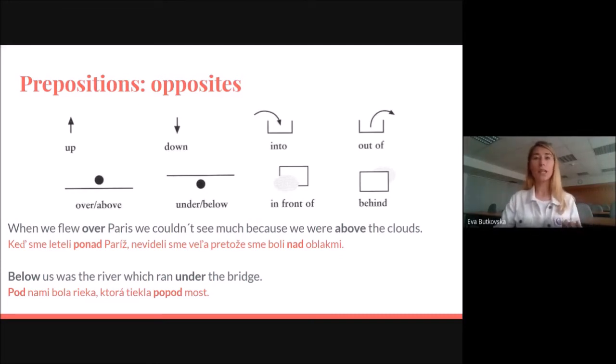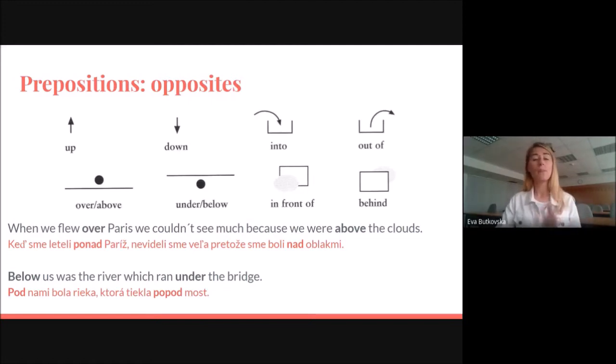So let's study the example. We flew over Paris. We couldn't see much because we were above the clouds. So if you think about the meaning of this sentence, over and above have almost exactly the same meaning.